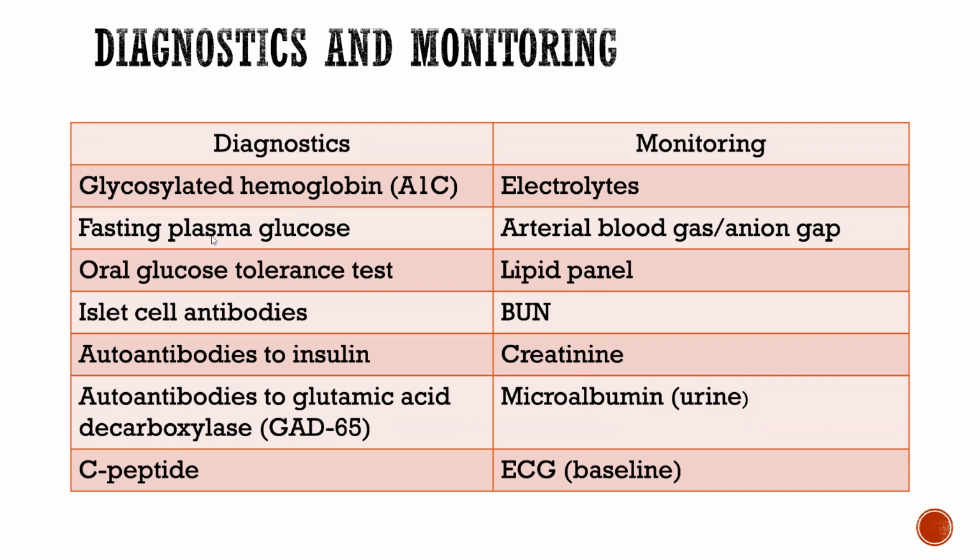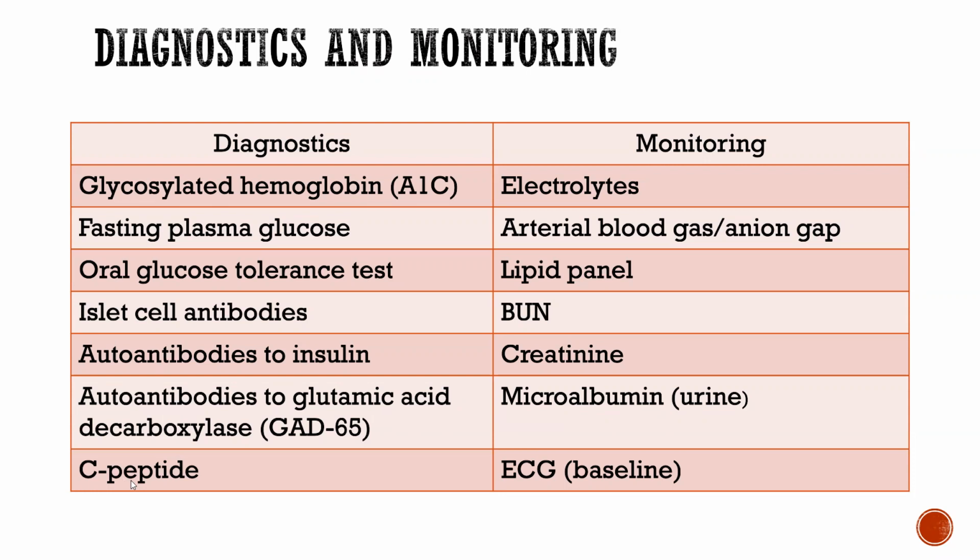So, but you do fasting plasma glucose, FPGs, and oral glucose tolerance tests, OGTTs. You can look at islet cell antibodies, autoantibodies to insulin. Don't worry so much about GAD65, and then there's C-peptide.